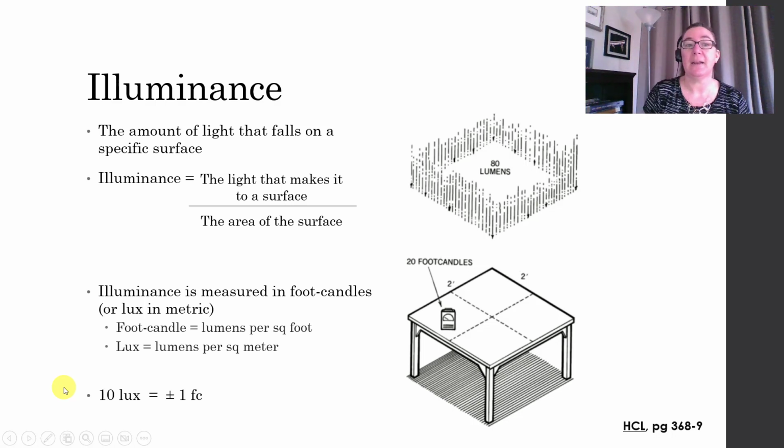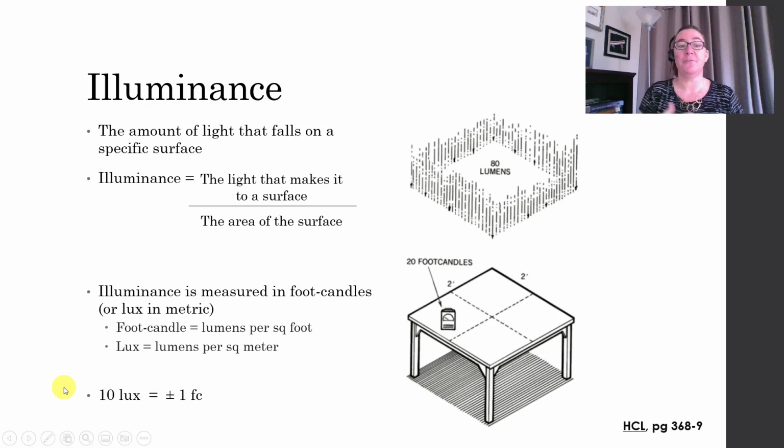And so mathematically, illuminance is all of the light that makes it to the surface divided by the area of that surface. So we see in this illustration, light is kind of falling like rain, all right, onto this table. All right, and then we can measure that illuminance at the table level. So it's specific to a particular location.